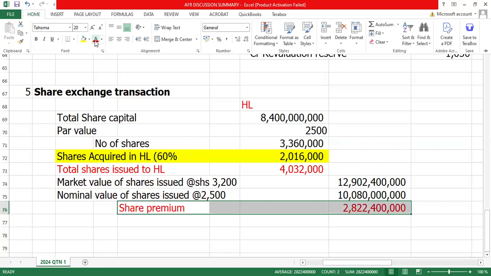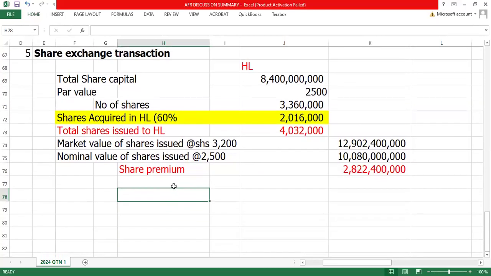So what does this mean technically? If you are making double entries, what do you do? You debit what? You credit what?